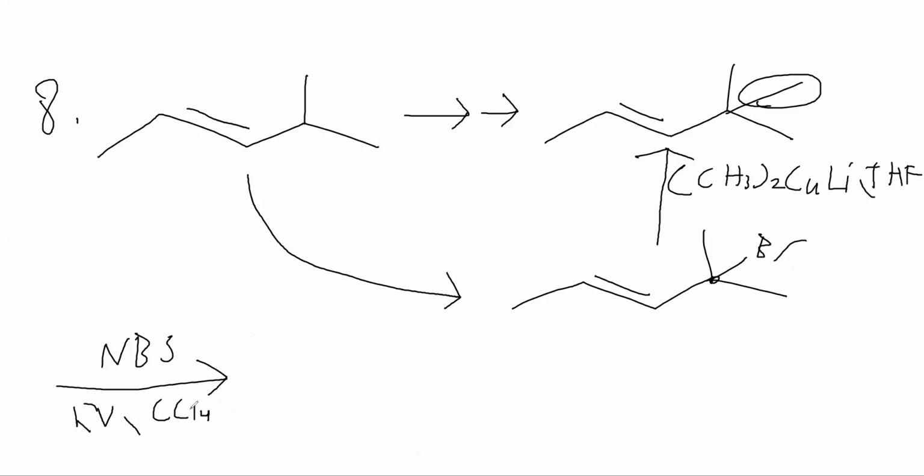So yeah, just NBS and light would probably be good enough. And we use light for radical reactions, like I said. So if you remember the mechanism for this is a radical mechanism, you should hopefully recall that light is the secondary thing involved here.